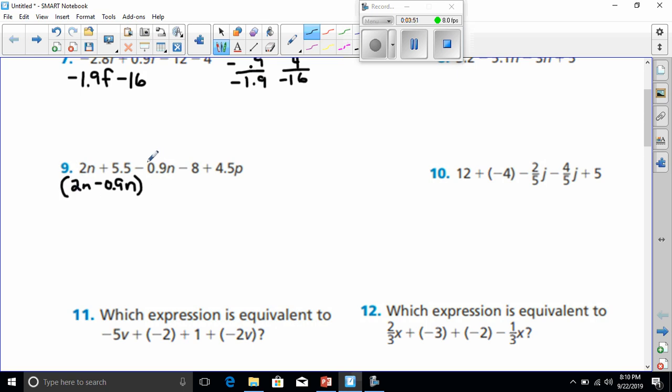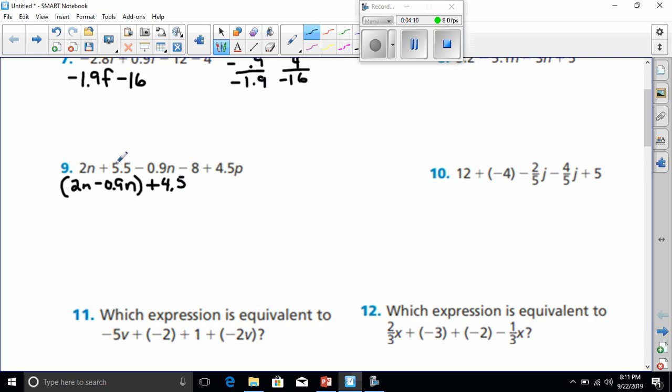And now let's see what we're going to add or subtract next. Well, the next one that has a variable has a p. So it has a positive 4.5. There is no other one with a p. So I'm going to say plus 4.5p. And now I go to my numbers.